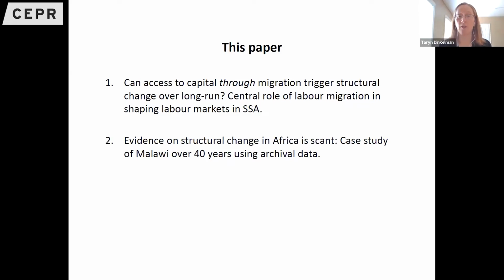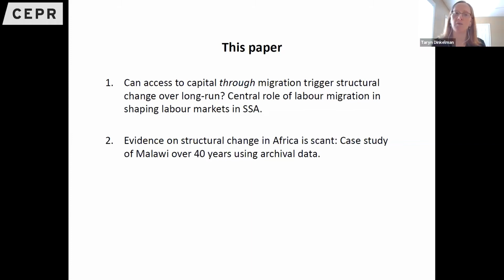We're going to use a natural experiment to measure what happens in response to what I'm going to argue are reasonably exogenous, large shocks to the ability to migrate across countries out of Malawi and back to Malawi, and look at how the implications of that natural experiment play out over 3 decades after the migration actually ends.